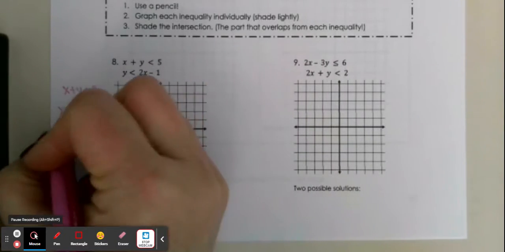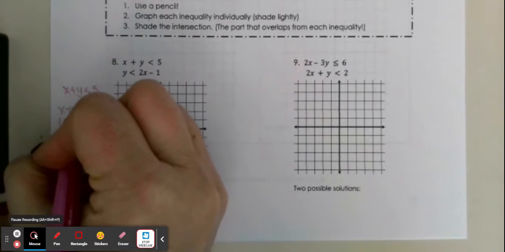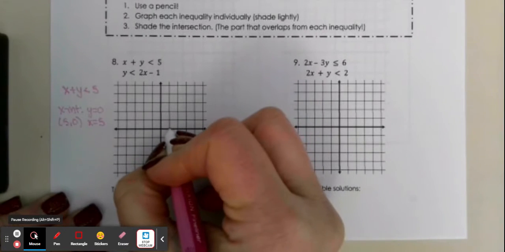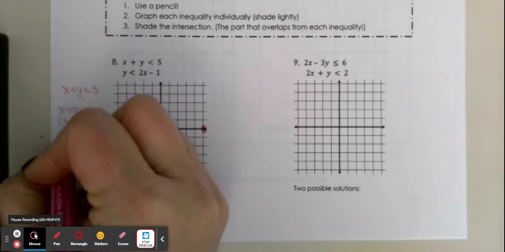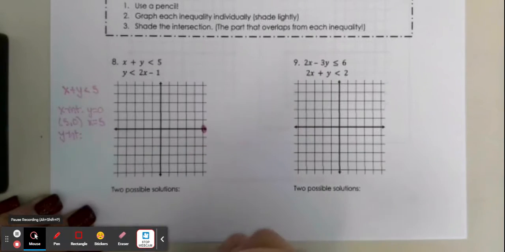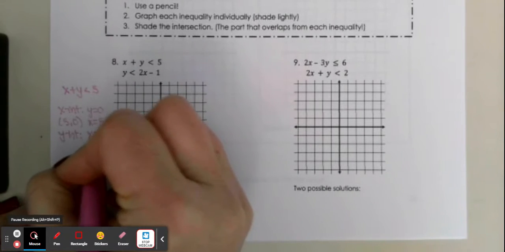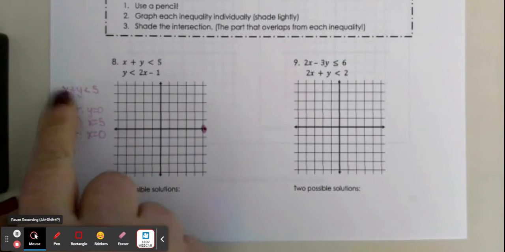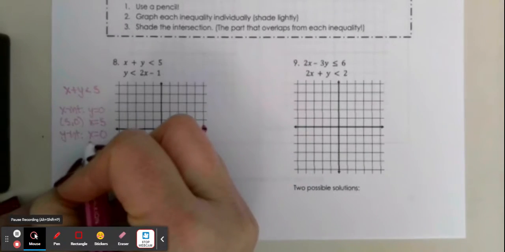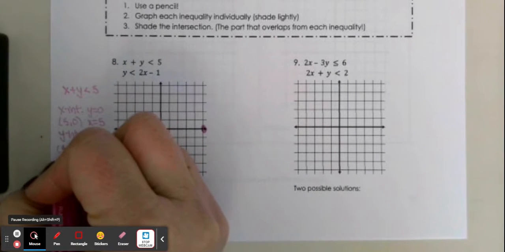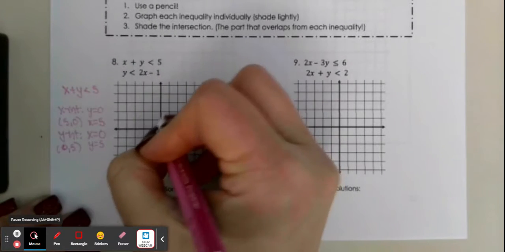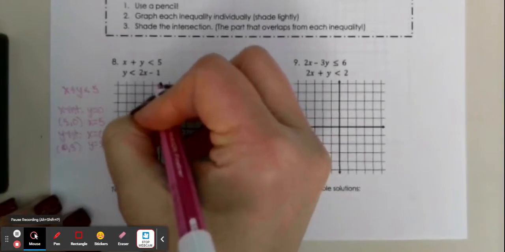So my first point is the x-intercept at (5, 0), where it crosses the x-axis, 1, 2, 3, 4, 5. My y-intercept will be the value of y when x equals 0. So again, y will end up equaling 5, and I have a point at (0, 5). So 1, 2, 3, 4, 5.